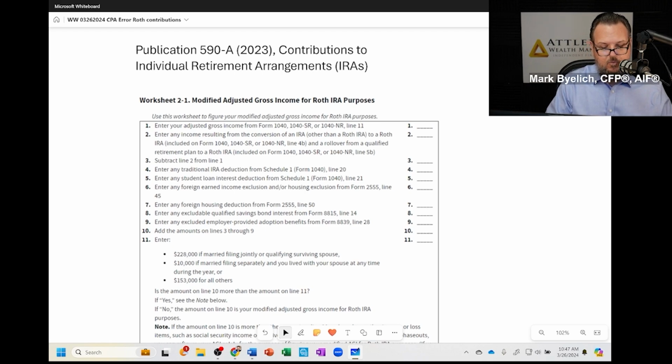So I went back through and I did a calculation because I knew they had a required minimum distribution from an inherited IRA. That would apply to the modified adjusted gross income. And then I saw exactly the conversion amount that we did for them in 2023. That doesn't apply for modified adjusted gross income.